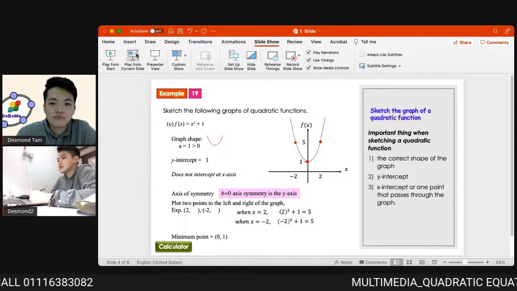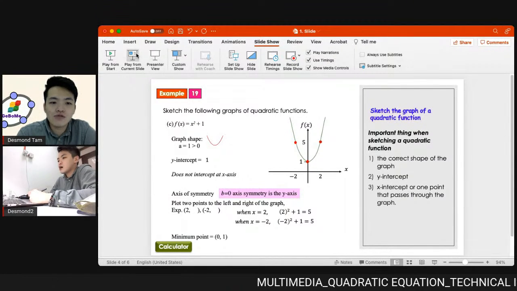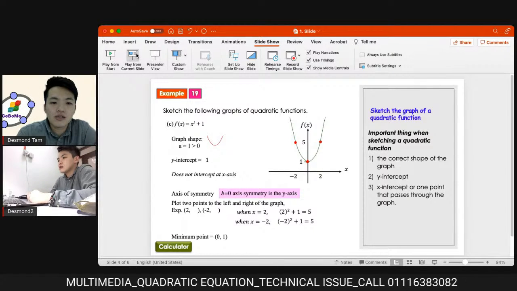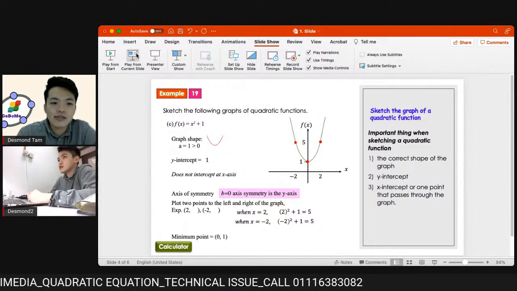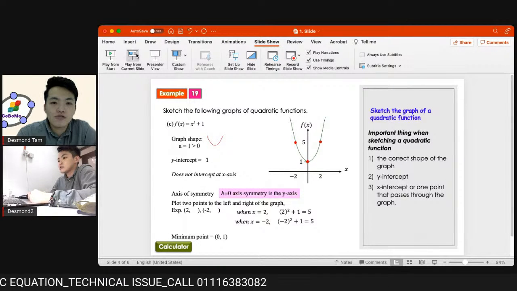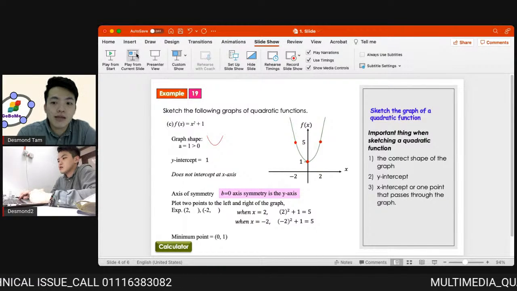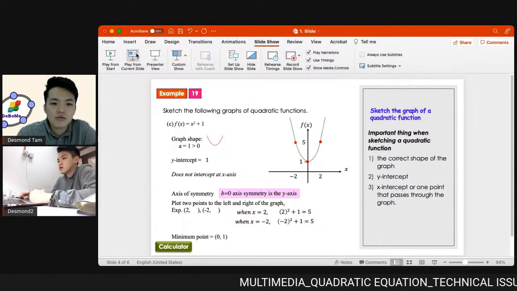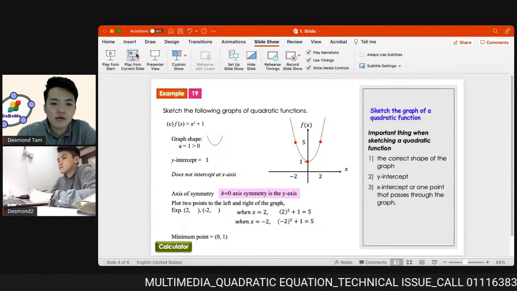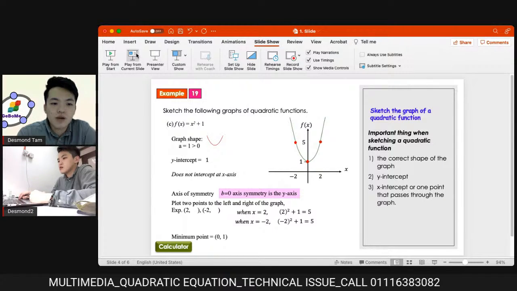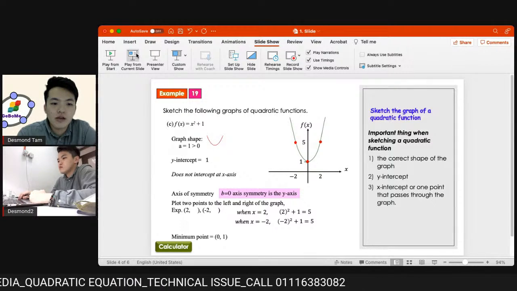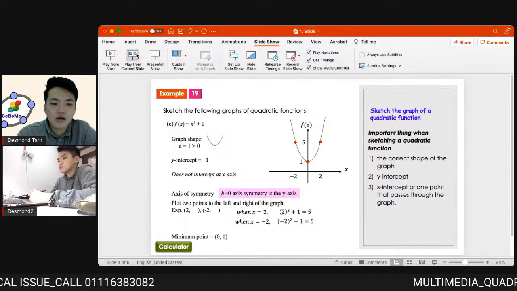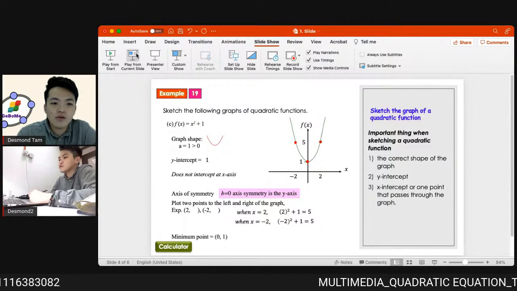And then the axis of symmetry: b equals 0, so it is the y-axis. The axis of symmetry is located in the middle, where x equals 0. Let's say we need to put 2 points to the left and to the right of the graph.